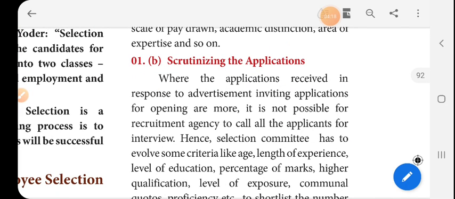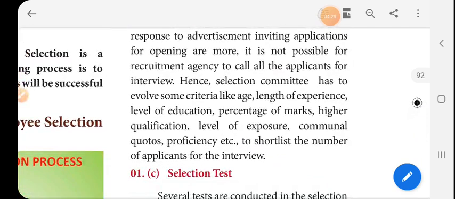So the selection committee has to evolve some critical criteria like age, length of experience, level of education, percentage of marks, higher qualification, level of exposure, communal codes, proficiency, etc., to shortlist the applicants for the interview. So they collect all the applications and sort the list according to name, qualification, percentage of marks and higher qualification. Then, the selection test.